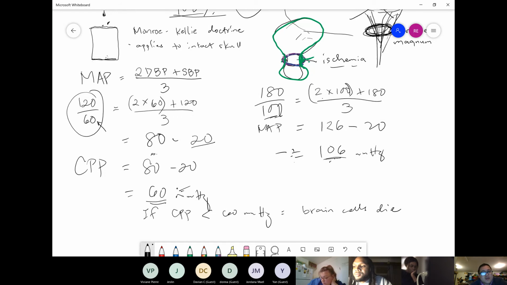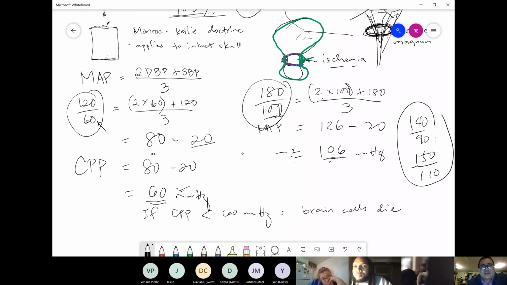That's why in stroke, if you remember 2 semesters ago, did we lower the patient's blood pressure after stroke? No. No, we wanted it to be higher, correct? Of course, this is too high. But why did we want the blood pressure to be around 140/90 or 150/110?